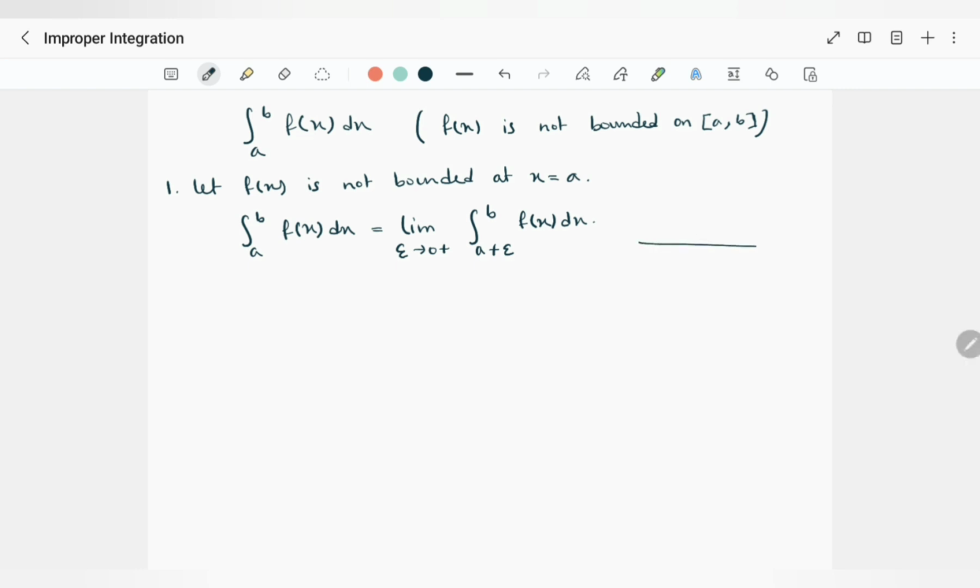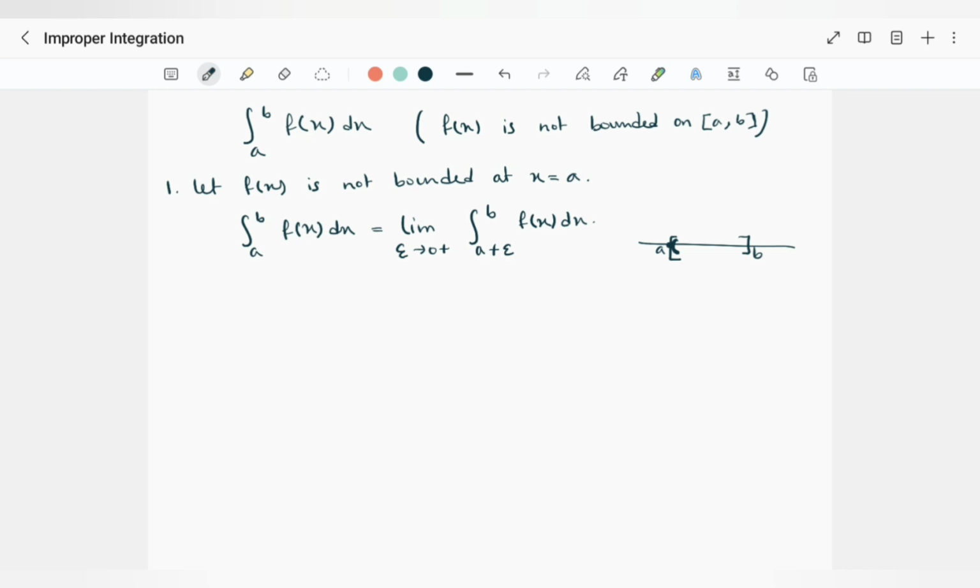Like if this is the interval, this is a and this is b. Now the function is not bounded at this point a. So we can take the value just after a, and if we take the interval from here, there is no problem, because on that interval the function is bounded, so we can calculate it as a proper integral.